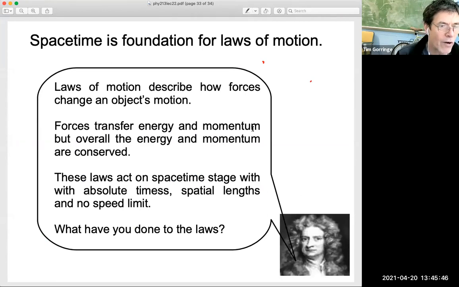He's worried because he invented laws that describe how forces act and change the motion of objects through space and time, and how forces transfer energy and momentum by acting in space-time. But if we change the space-time fabric, have we changed how the laws of motion work? We're going to look at that in the next class, our second class on relativity.